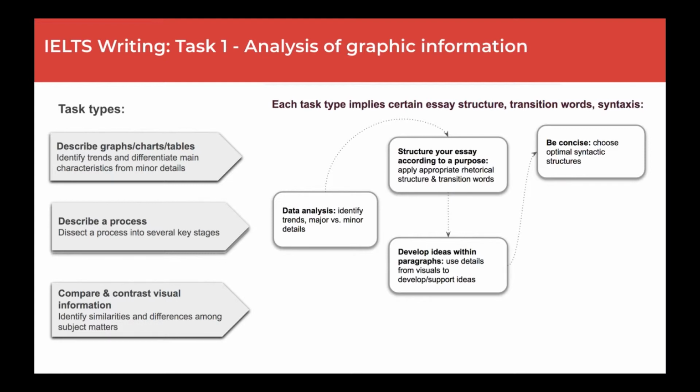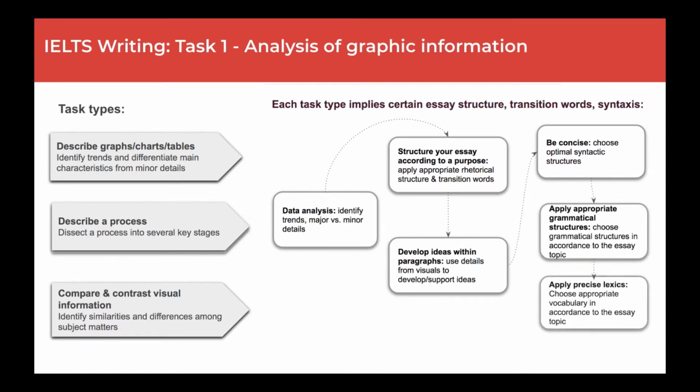For example, if you are writing an essay that requires you to compare, you're going to use comparative syntax structures, whereas, for example, in the process essay, you will be describing it in stages, so the syntaxes used will vary. And same with the grammatical structures and vocabulary, as they will be determined by the topic at hand.